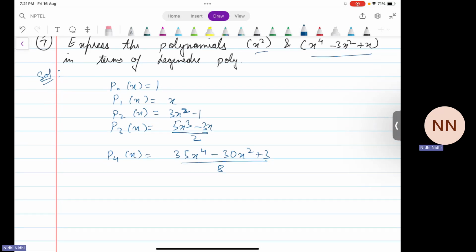So clearly we have the term x square in P2(x). So we can write x square is equal to P2(x) plus 1. So P2(x) plus 1 is 3x square. We'll divide it by 3. We'll be left with x square.